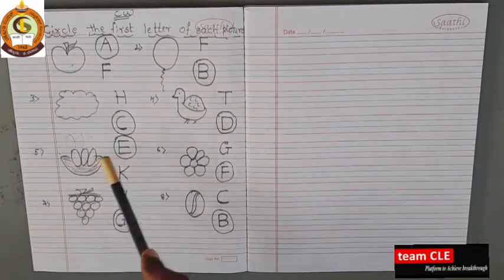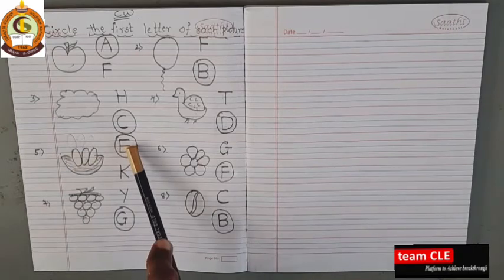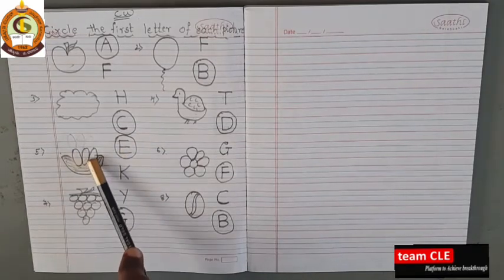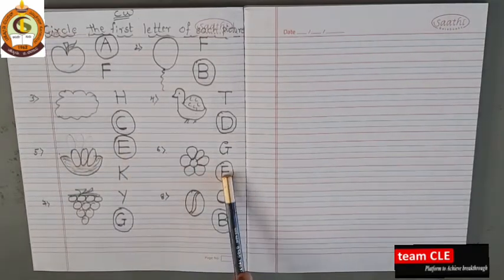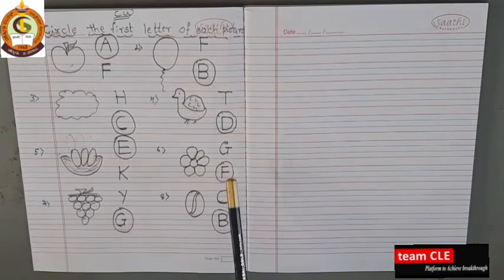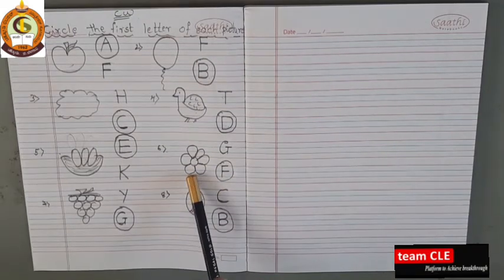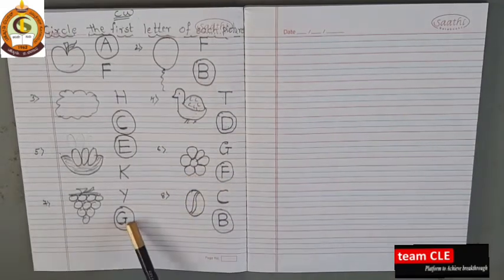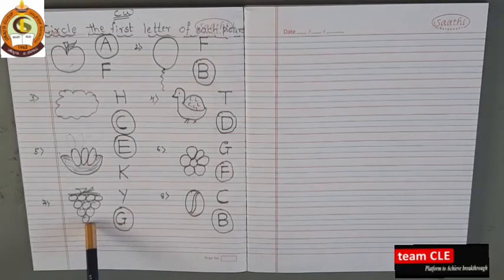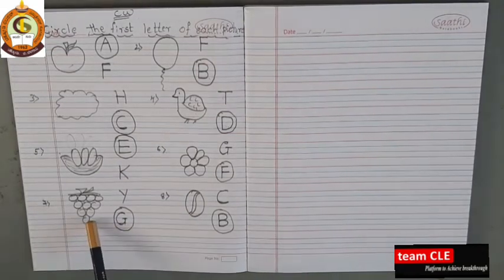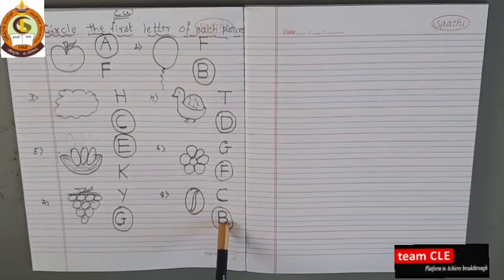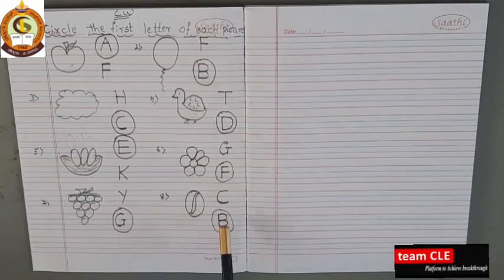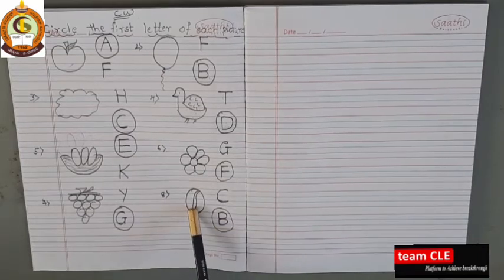E for egg. F for flower. G for grapes. B for ball.